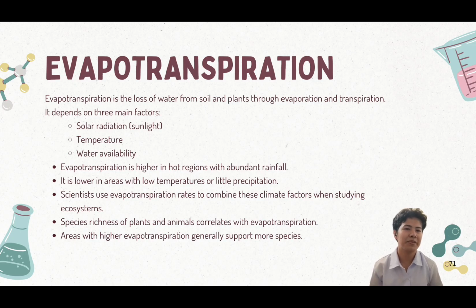Scientists use evapotranspiration rates to combine these climate factors when studying ecosystems. Species richness of plants and animals correlates with evapotranspiration, wherein areas with higher evapotranspiration generally support more species.